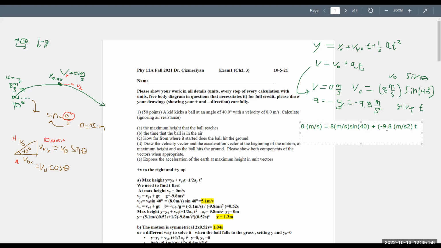So we took this side, we move it over, and from here, we're going to divide by this 9.8 meters per second squared.